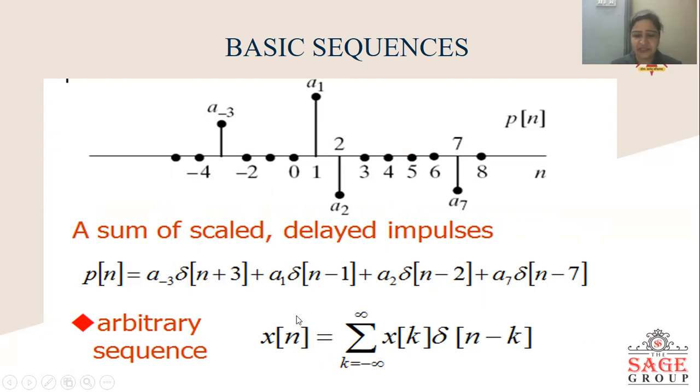So any arbitrary sequence can be represented as a sum of weighted and delayed impulses. In general form, I can represent any sequence x[n] as the summation of x[k] delta n minus k, where k has values from minus infinity to plus infinity.